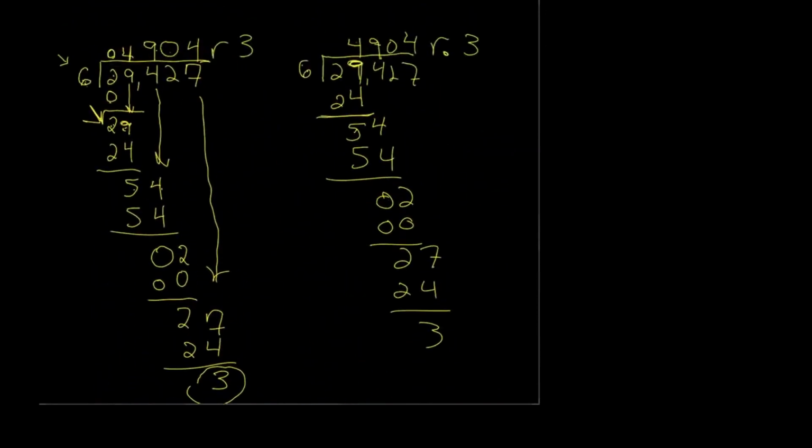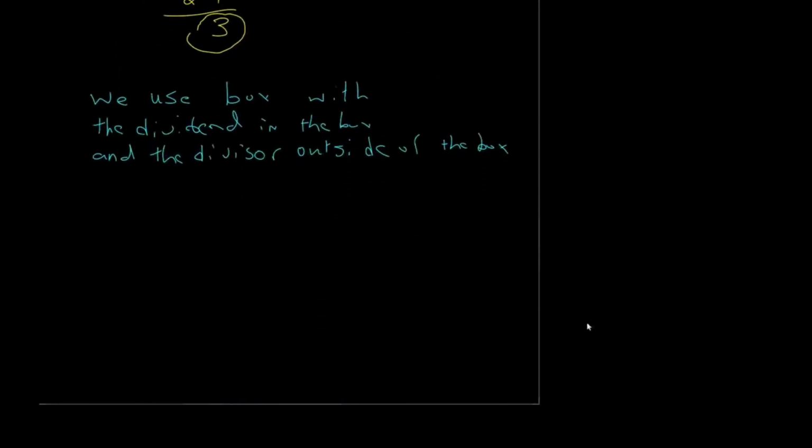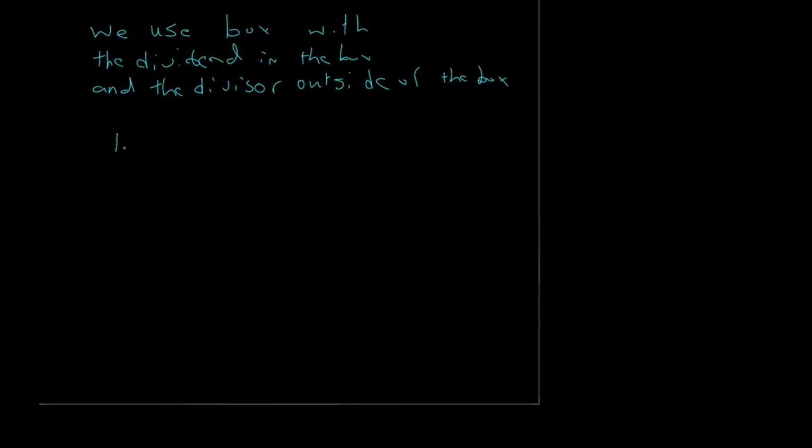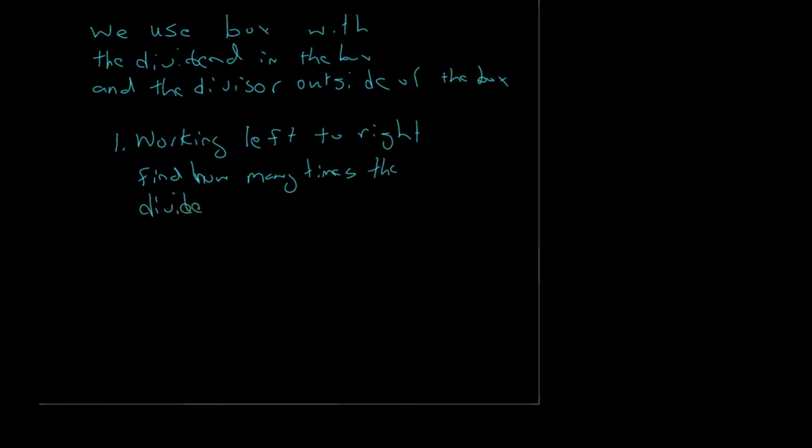All right, I'll scroll back up. There's our dividend. There's our divisor. Working left. Told you you'd hear thunder eventually. Left to right. Find how many times the dividend goes into the place value.